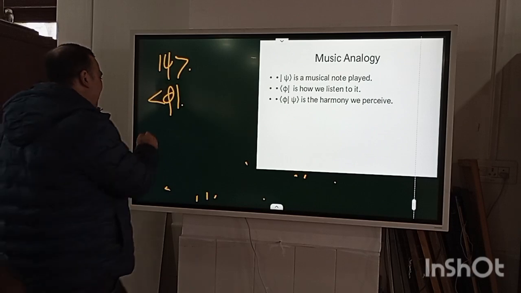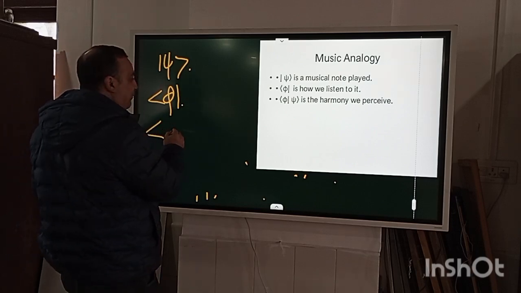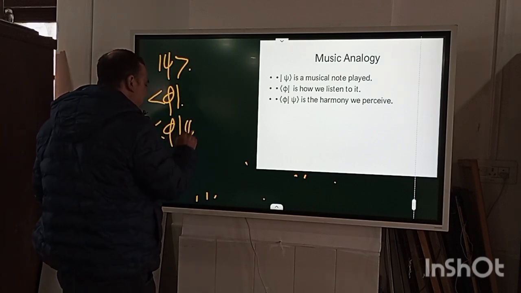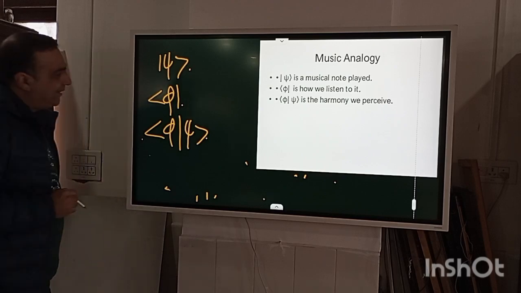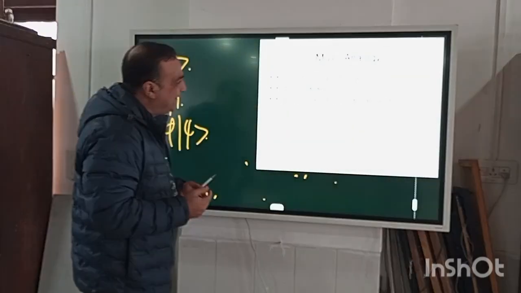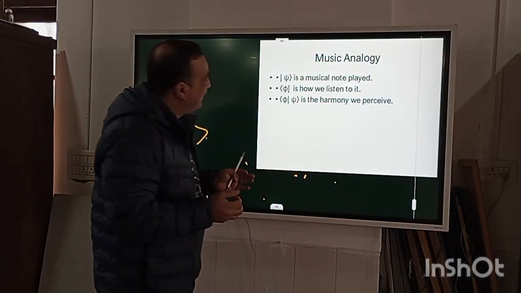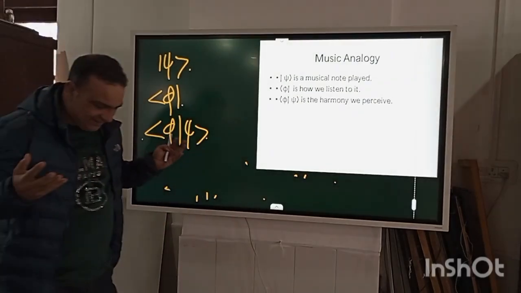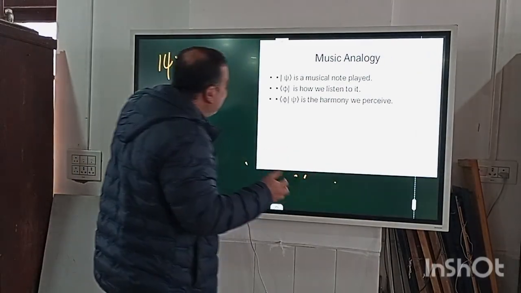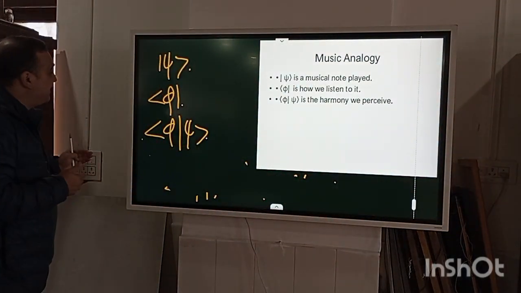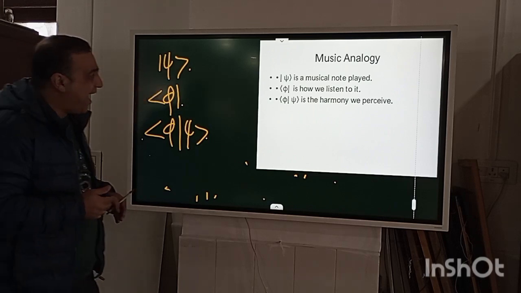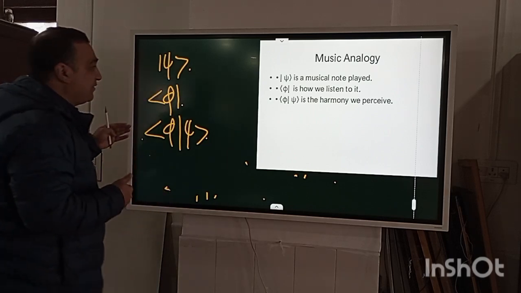And when you calculate the inner product between the phi and psi, what it gives us is the harmony that we perceive between these two state vectors, the state vector psi and the state vector phi.